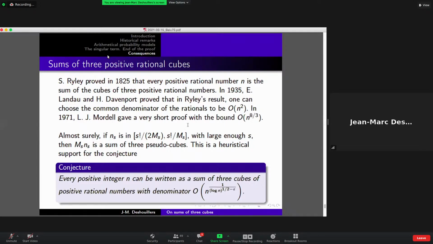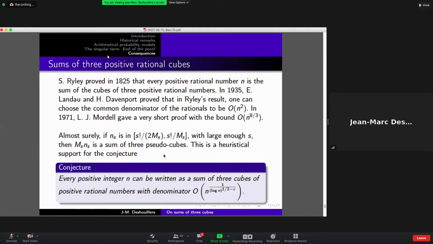Now you see what we think is that n s is in s factorial over 2 m s factorial of m s. If we have an integer like that with large enough s, then m s times n s is the sum of 3 pseudo cubes. And so you can write n s as the sum of 3 pseudo cubes divided by the cube of m s.